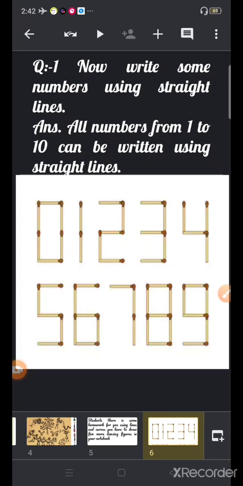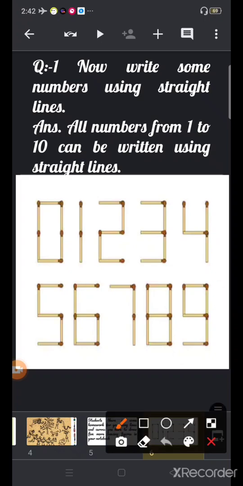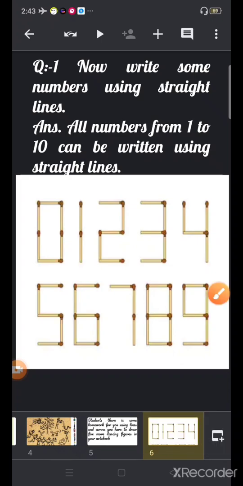Here I have used matchsticks to show you these numbers. How to make numbers: you will also take matchsticks and paste them in your notebook to show numbers.